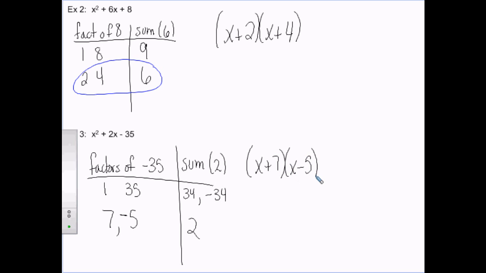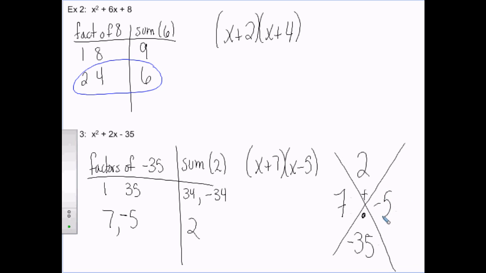Now, if we were doing the big giant X thing, same kind of idea. I need to find factors of negative 35 that are going to add together to give me a positive 2. So you say, okay, well, 7 and 5 have a difference of 2, and I want the 2 to be positive, so that makes the 7 positive and the 5 negative.